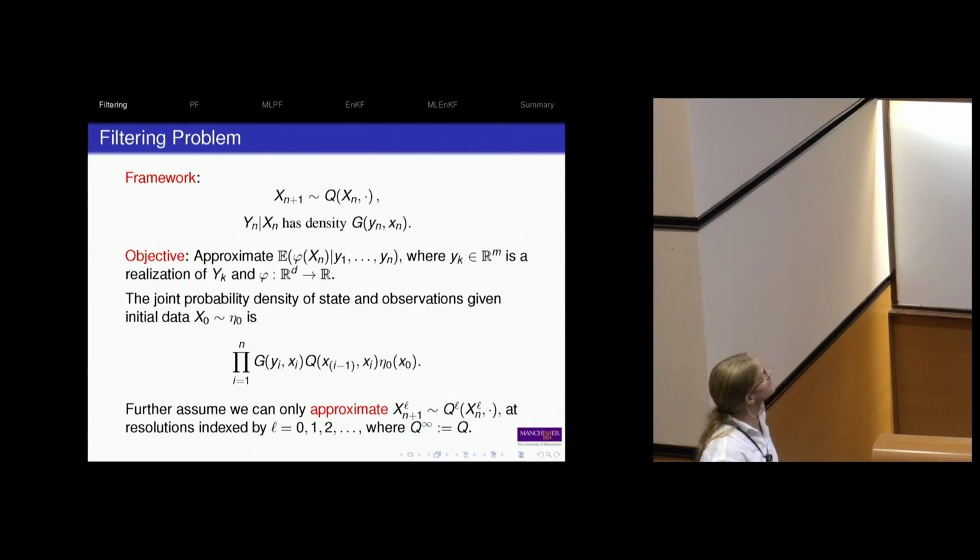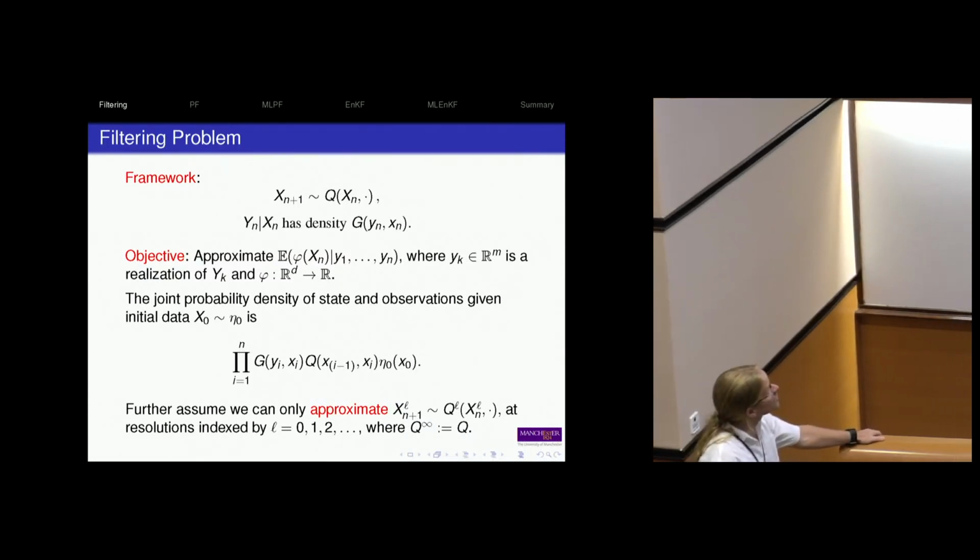Okay, so the filtering problem is like this. We're going to have X_{n+1} is a draw, given X_n, from some Markov kernel Q. Y_n given X_n has some density that's known for given values of y_n and x_n, that need not be normalized.